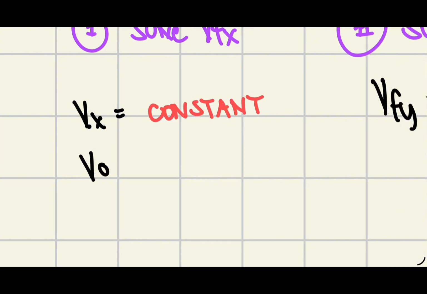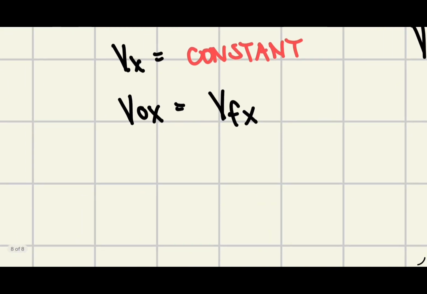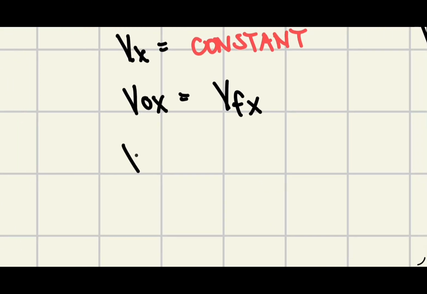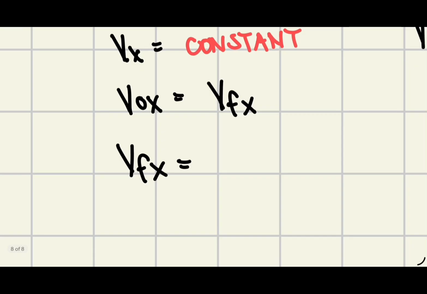So that means that our initial velocity of x is just also equal to our final velocity of x. So therefore, we can say that the horizontal component of our final velocity is just equal to 28.28 meters per second.